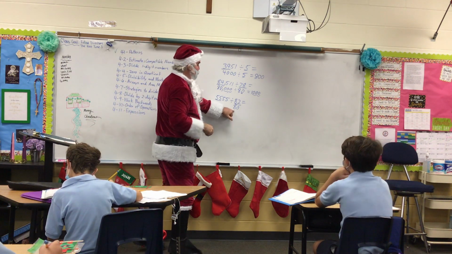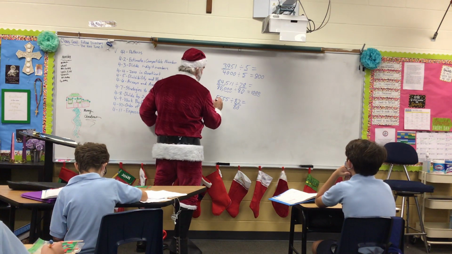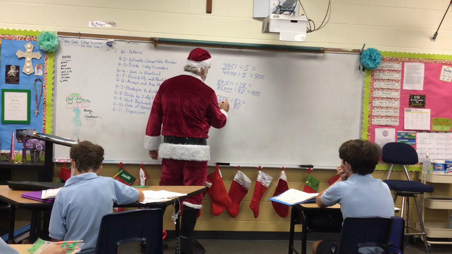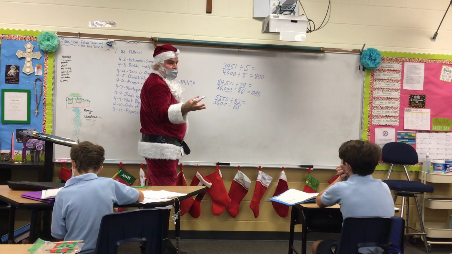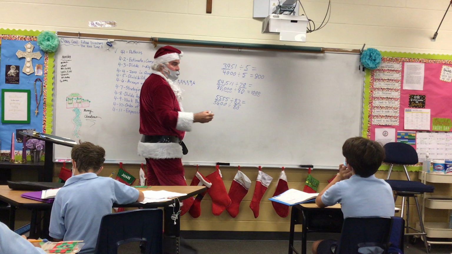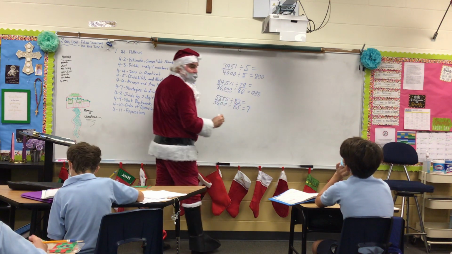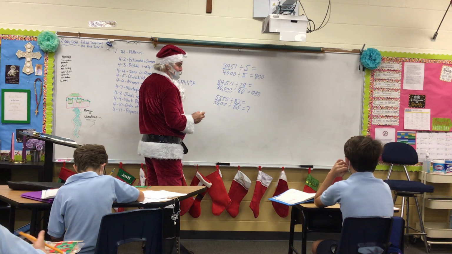56. 8 goes into 56, right? Compatible numbers. So we're going to make these zeros. Divide. How many 8s are in 56? 7. Very good. How many zeros am I putting in?